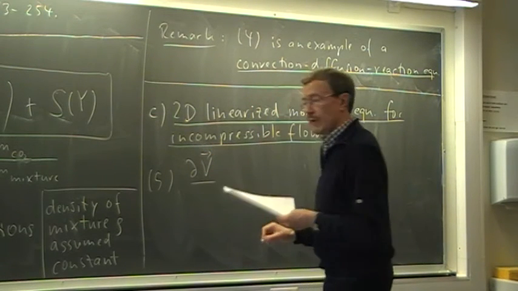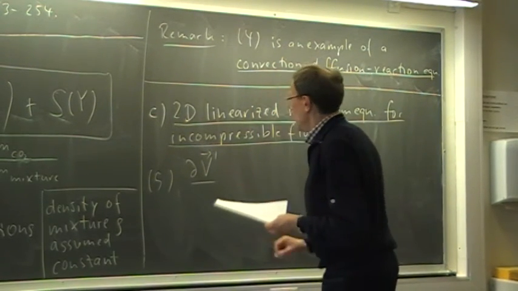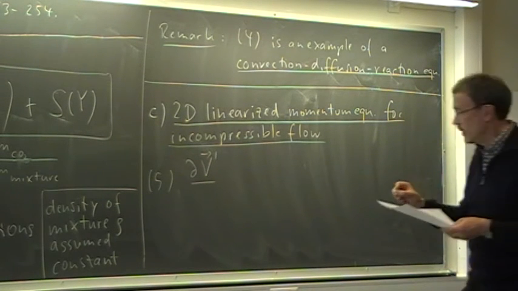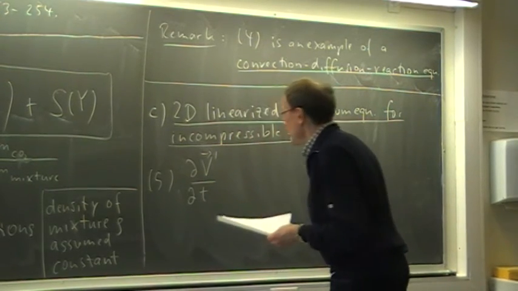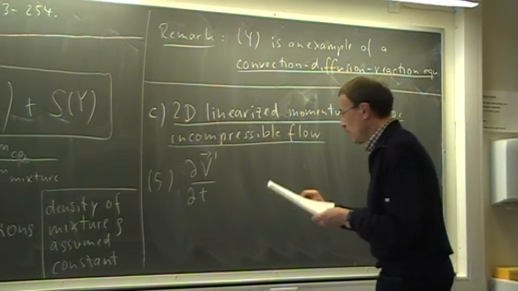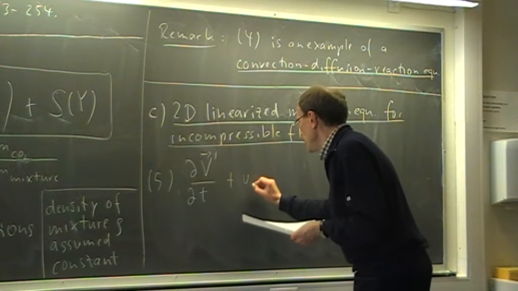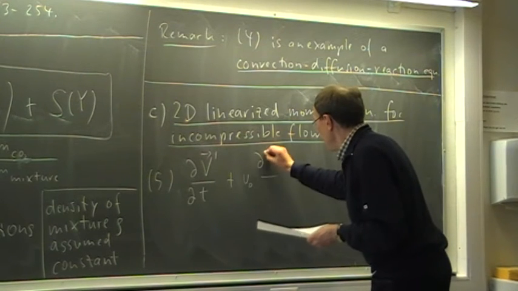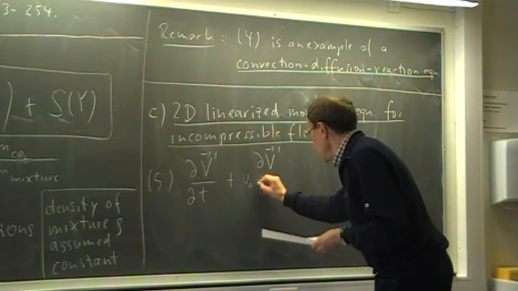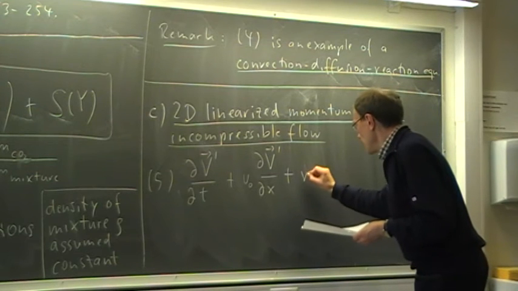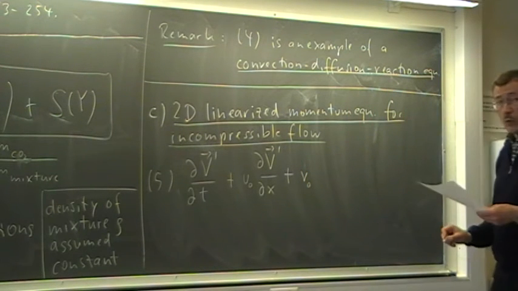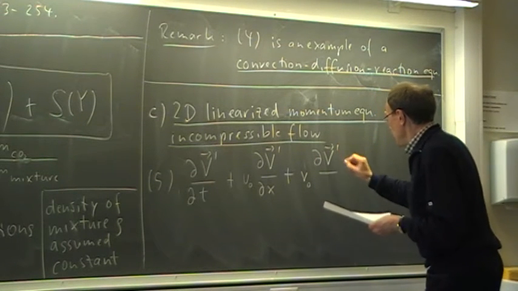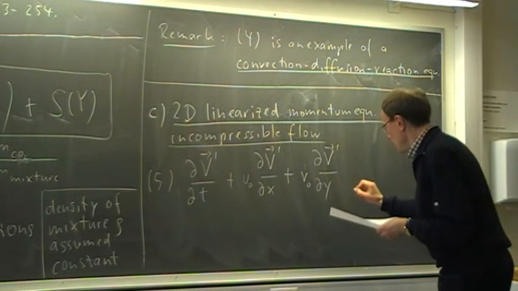Now I express it directly for the vector, and I denote the perturbation by prime. I'll explain that in a minute. So we have the time derivative of the velocity perturbation plus, and now we have a uniform flow with x component u0, times dv prime dx. And we have a uniform velocity with a y component v0 times the velocity perturbation derivative in y direction.